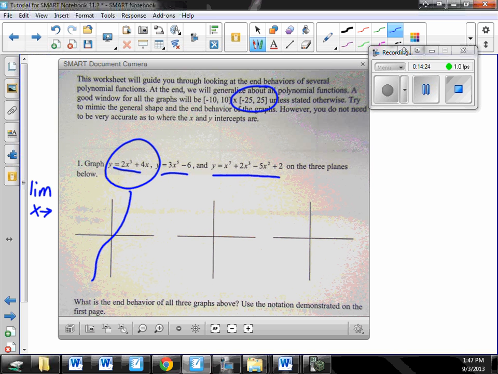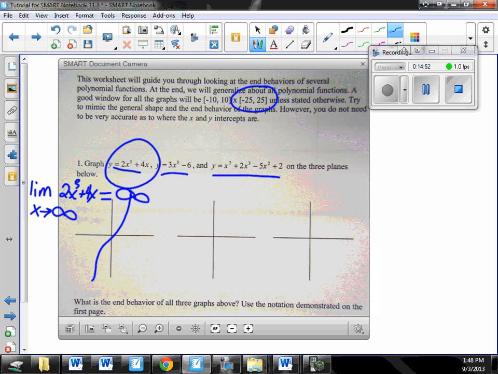So as x goes to positive infinity of 2x to the third plus 4x, that equals, what happens as I go to the right? The y value is going up or down? Up, so it equals infinity.